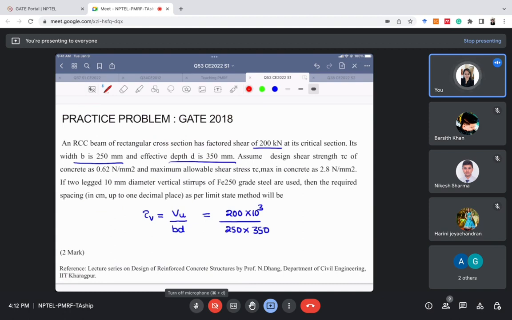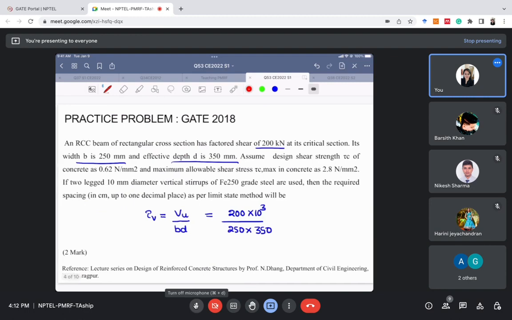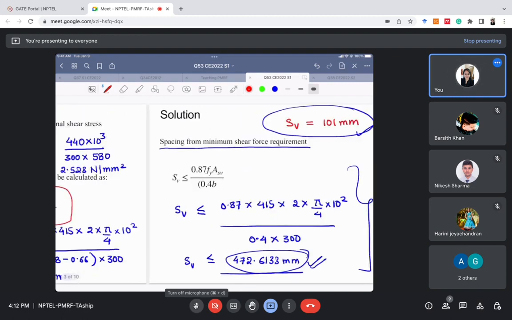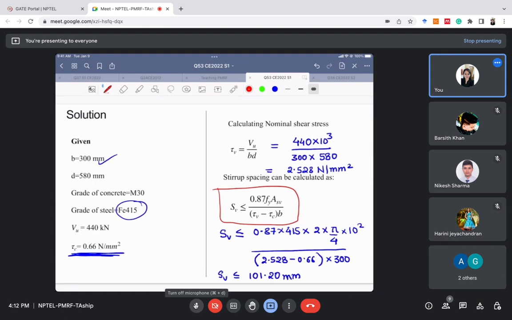If you want, I can. Do you want me to write the formula here? So this is the formula you have to use and the values from that question. Spacing of stirrup in this case.